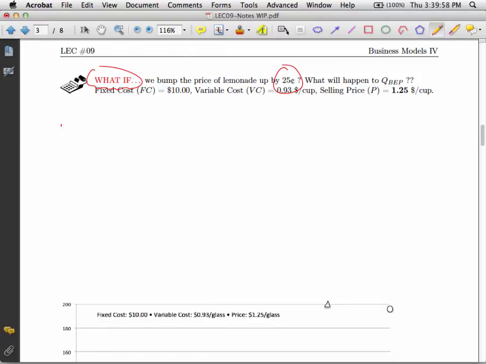Again, total cost of 10 plus our variable cost of 0.93 times however many glasses of lemonade we sell. And we want to find out where we're meeting up with our revenue of $1.25 per cup of lemonade.